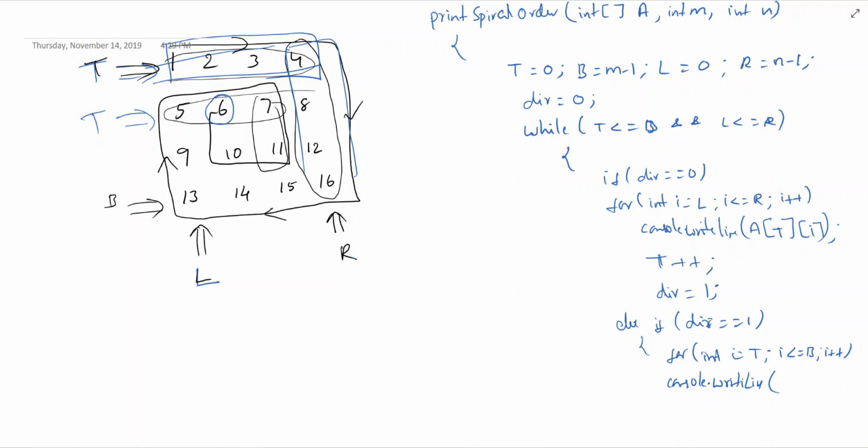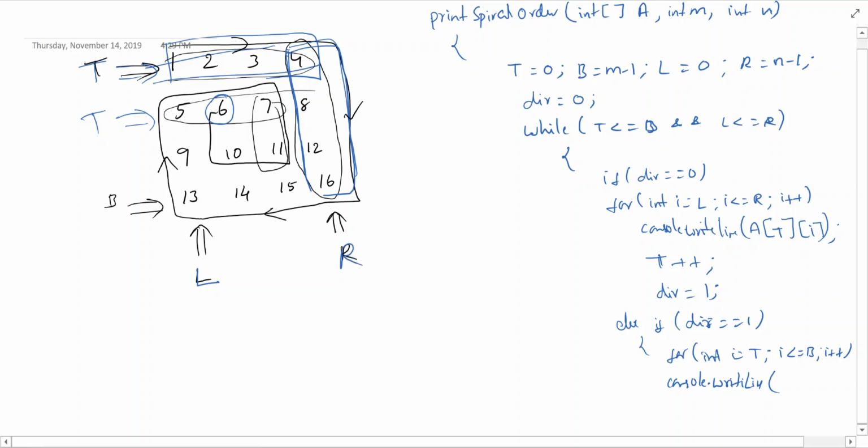R is the column. So R will stay the same, but here i will change. So the concept is A of i, R. Once we are done with this, R should move inward, that means we decrement the R value, R minus minus. And again we need to change the direction to 2, which means right to left.